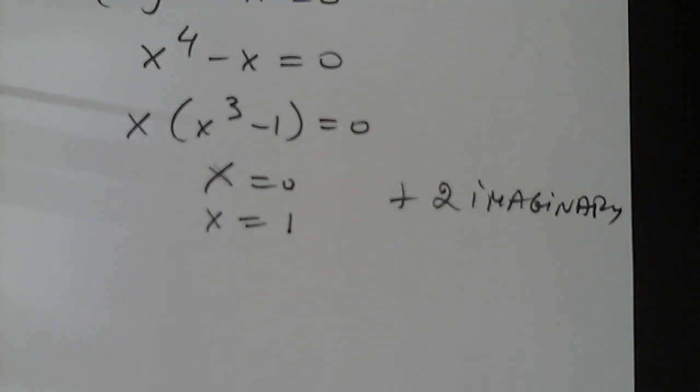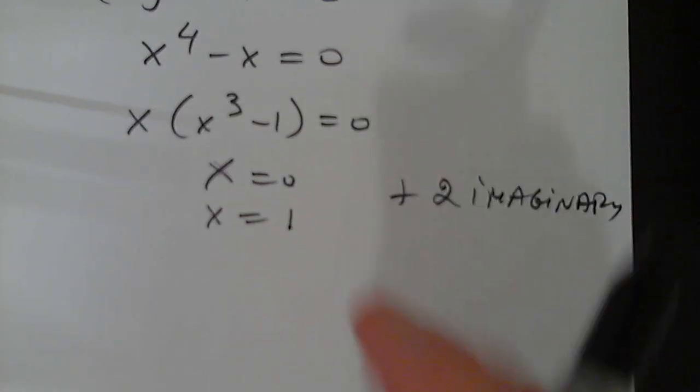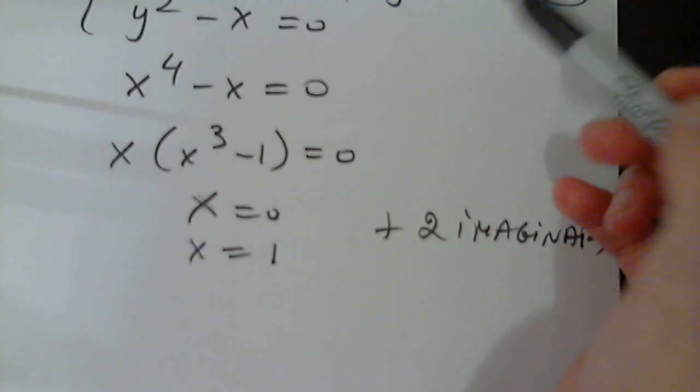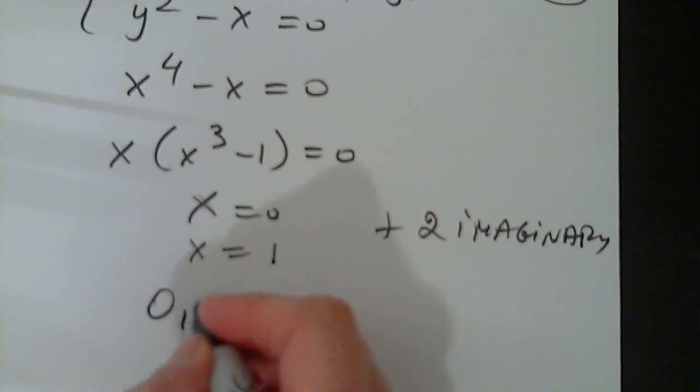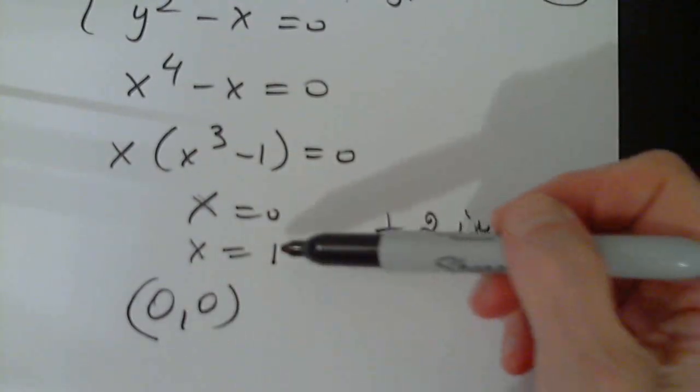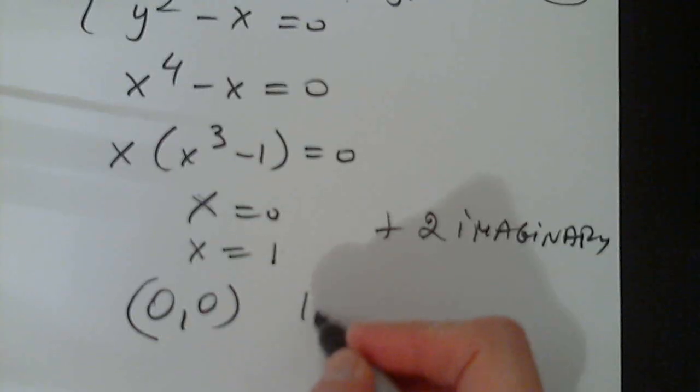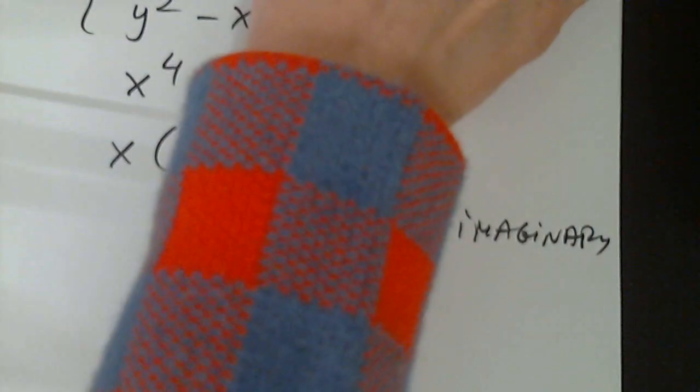And here are 2 imaginary solutions. Here they are with I. And one solution is 1 and the other solution is 0. Good. And now I have to find the y. So if x is 0, y is 0. So one point is 0, comma 0. When x is 1, y is 1. And the other point is 1, comma 1.